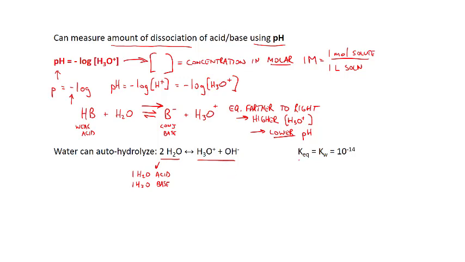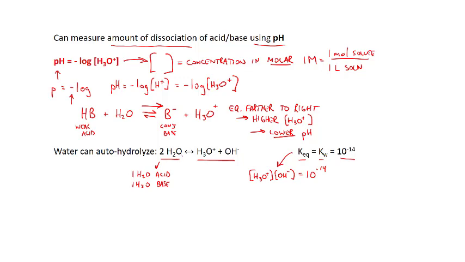The equilibrium constant for this reaction, we call it Kw, and it's equal to 10 to the minus 14. If you take negative logs of these numbers, what this is saying is that H3O+ times OH-, that's our equilibrium constant, is 10 to the minus 14.